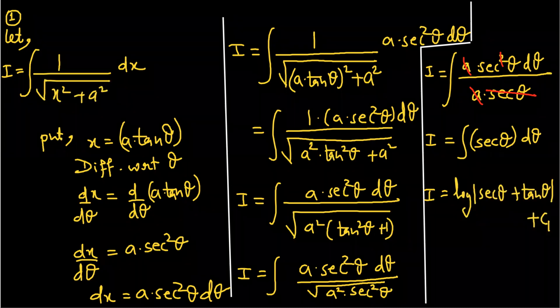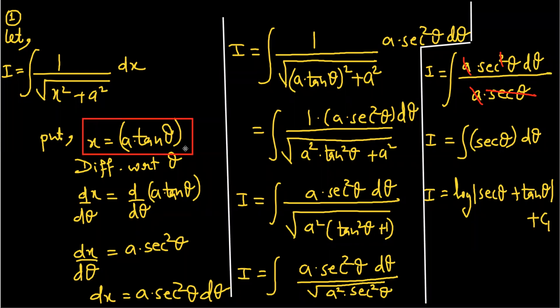So what should I do? Here is the substitution which we made. This is the place where we made the substitution, so I shall come back there, and with the help of this I shall get the value of sec theta and tan theta.